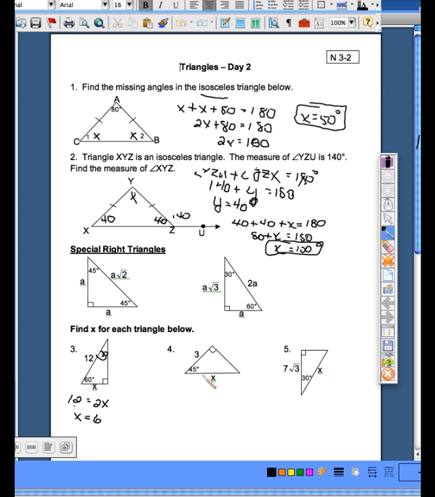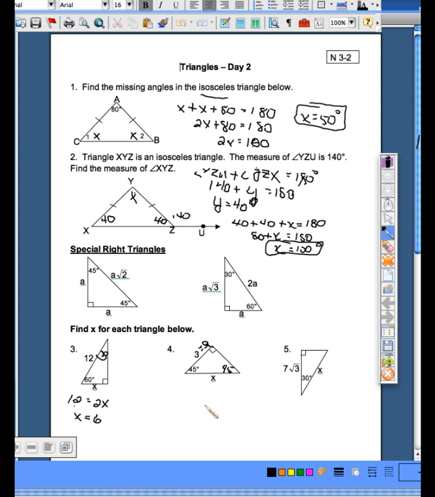The triangle's positionally a little different here, but we know this is 45. We know the hypotenuse, which is across from the 90-degree angle, is the longest side. So we have 3 is equal to a.